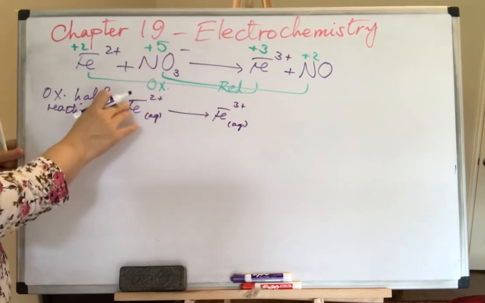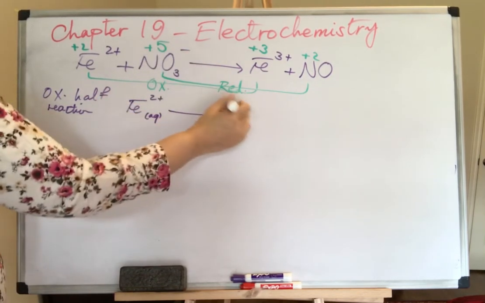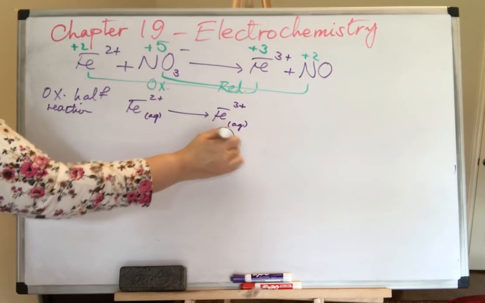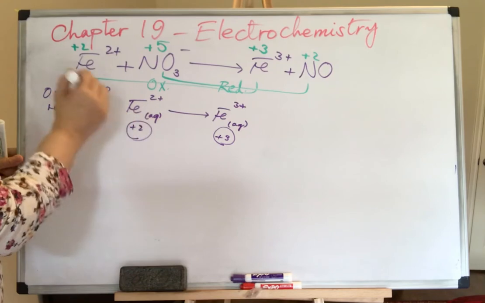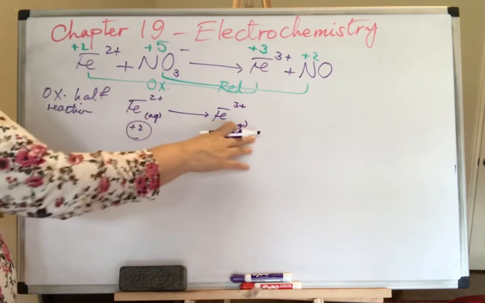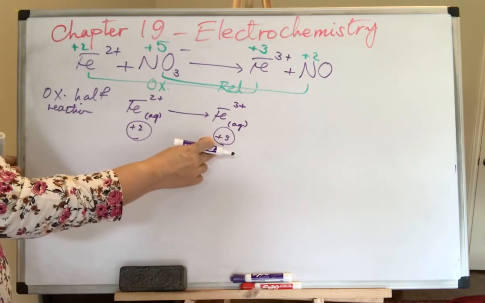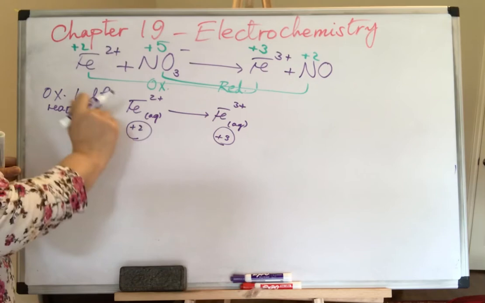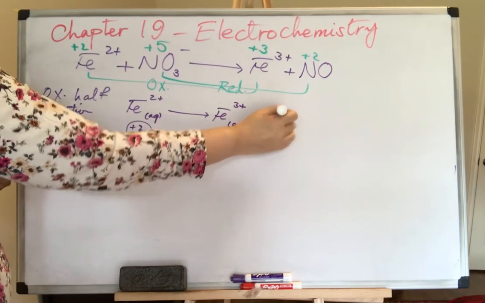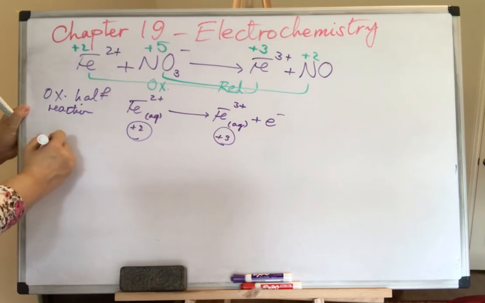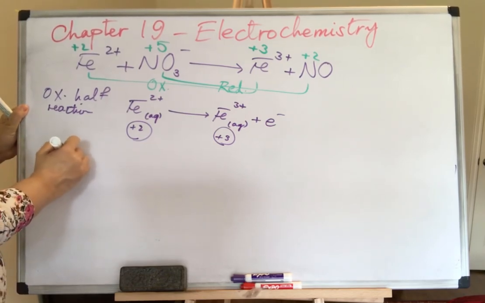First, the number of atoms, 1 iron, but the charge, we have a +3 here, but we have a +2 here. How to do the charge balance? We always add electrons to the more positive side. The more positive side is this side. How many electrons do we need to make the balance between 3 and 2? 1 electron. That's for the oxidation half reaction. So let's take care of the reduction half reaction.